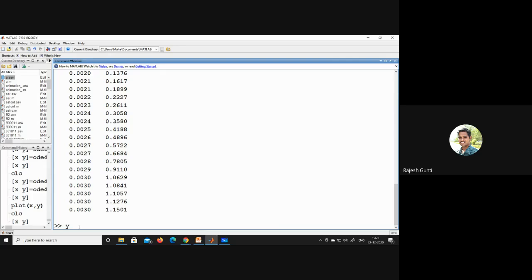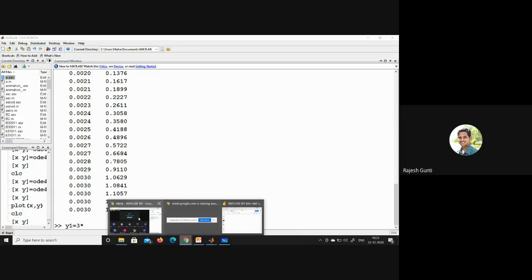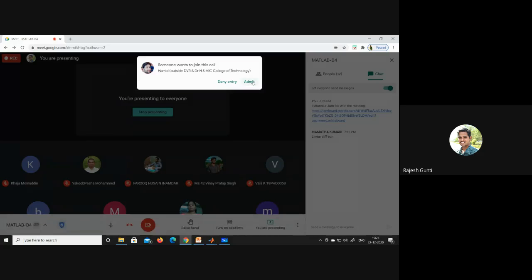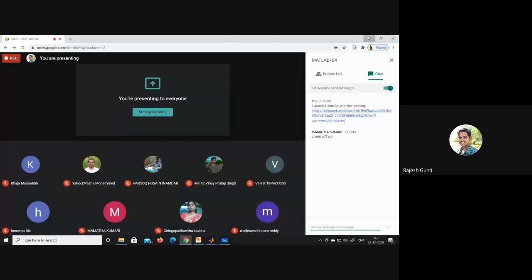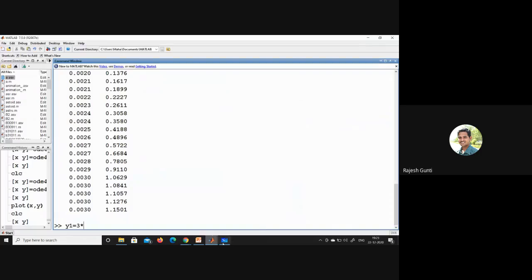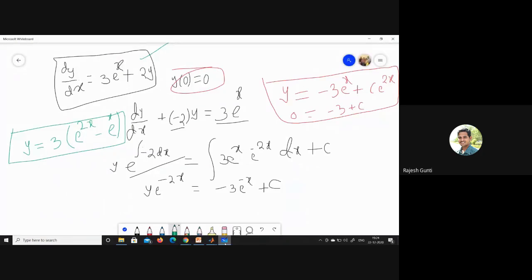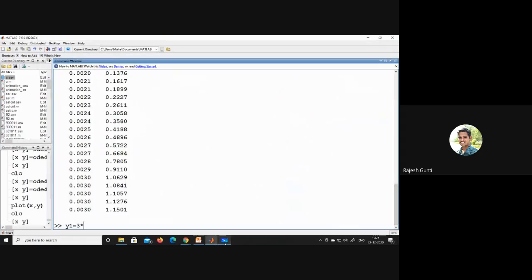What is my function? y1 is equal to 3 star, exp of 2 star x minus exp of x.